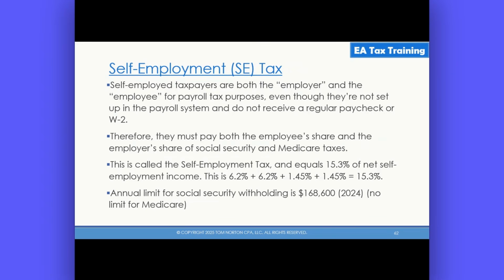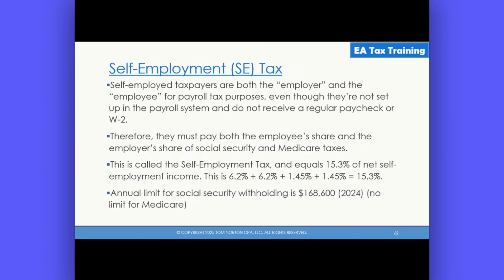Self-employment tax. We talked about self-employment tax in part 1, so we will be talking about it some more here in part 2. But as you will remember, self-employed taxpayers are considered both the employer and the employee for payroll tax purposes, even though they're not getting a paycheck, they're not getting a W-2.